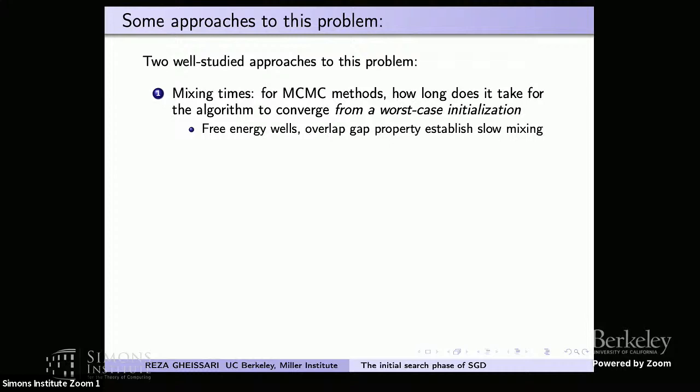And so generally the approach is to show that some observable of your system has some kind of bottleneck. So you have to transition from some large mass region to another large mass region through some small mass region. And for your stationary distribution, that's hard. And therefore, from a worst case initialization, it generally takes exponentially long to mix.